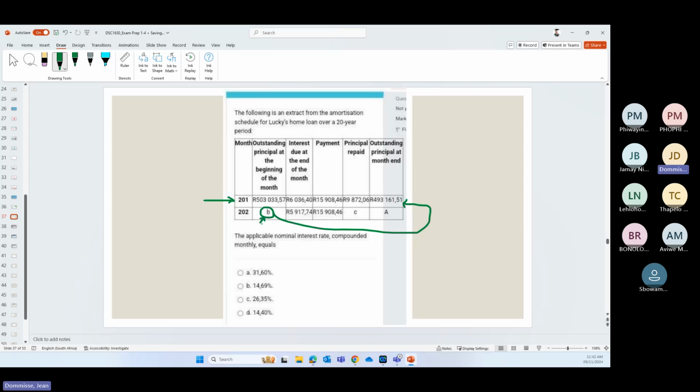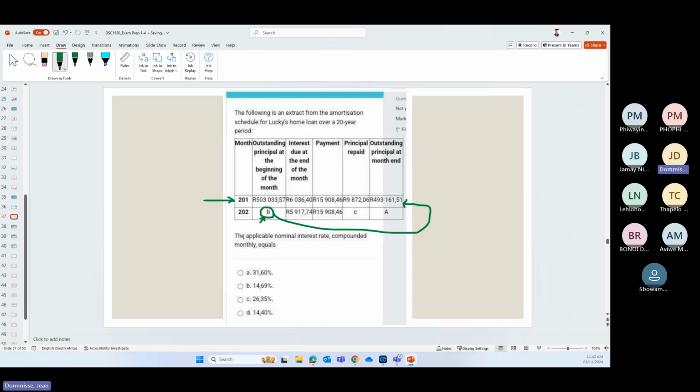Again, from your amortization tables, that's normally how we will take that across. Then we will use the interest percentage to work out your interest due, and the rest will follow.